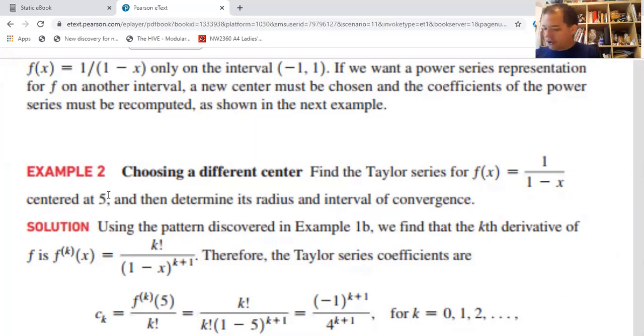So it's the same function, which is good because we need to find out the derivatives, and we've done that work already, right? There's no need to do it again. So let's show the work now.